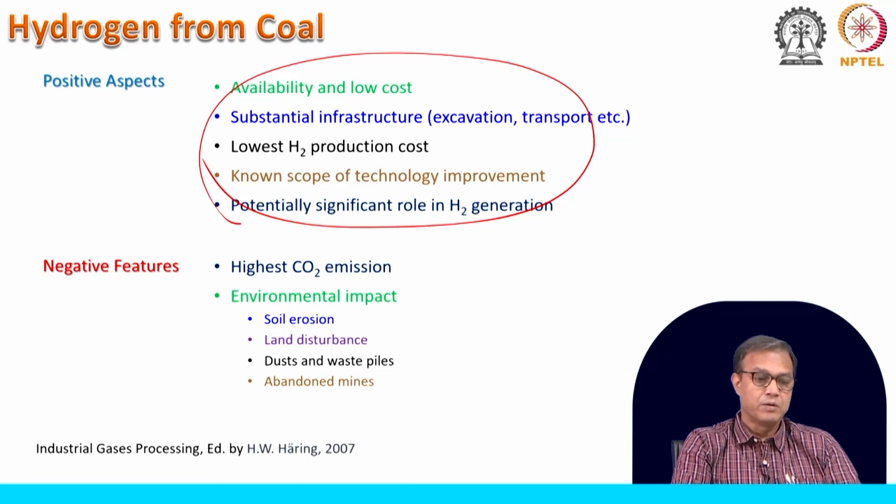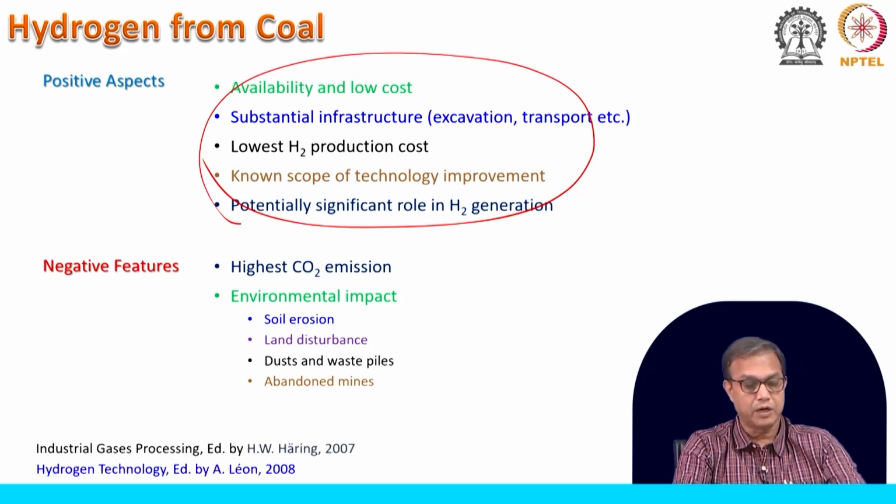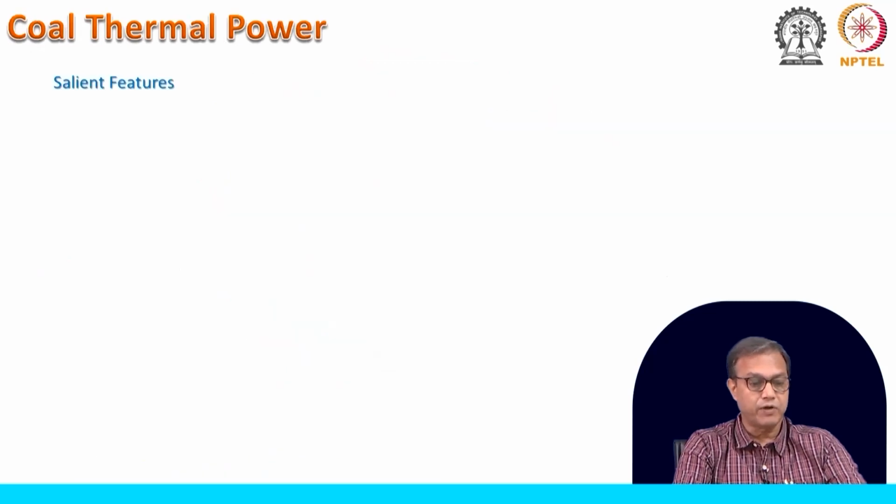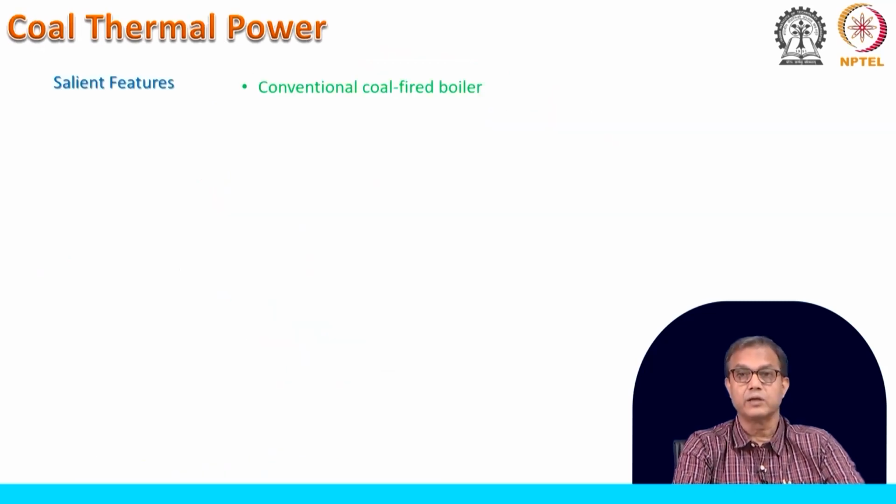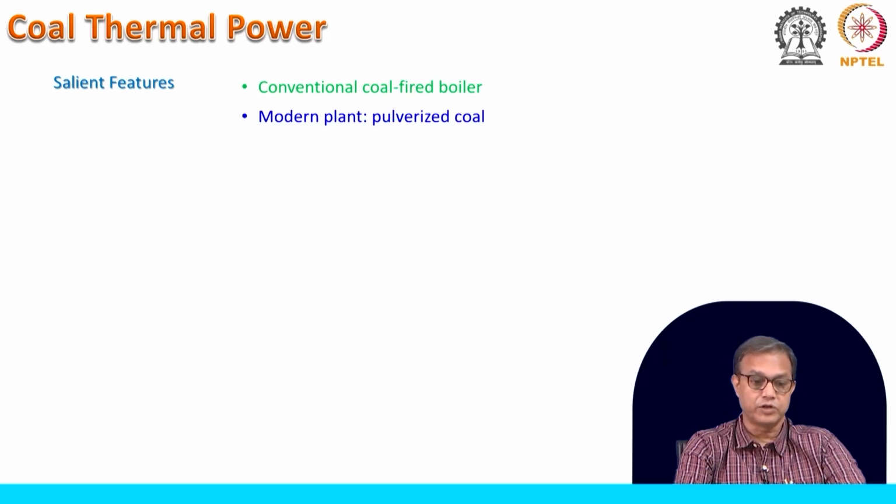But at the same time, coal is also used for generating power. In many thermal power plants, if we look at the salient features, we have the coal fired thermal unit for generating power, and you will find that in the most modern plants the coal is directly fired, or the combustion is taking place directly.